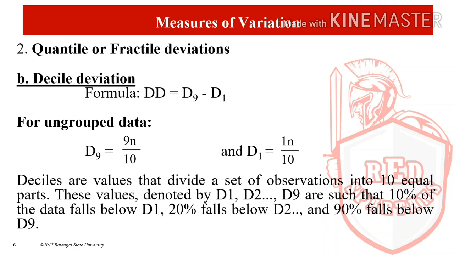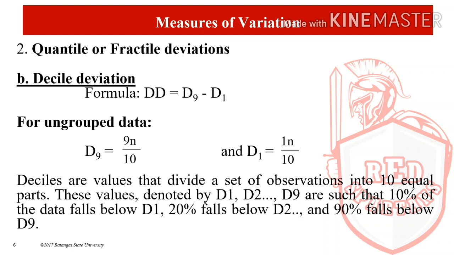So, bali, ang gagawin mo muna, aalamin mo dun sa value, alin ba yung D1 natin and alin ba yung D9. So, since same lang naman, since ang ginamit nating example is 1 to 10, wherein ang D1 niya ay 1 at ang D9 niya ay 9. So, ganun pa din. Ang ating DD or the decile deviation is 9 minus 1 or 8.